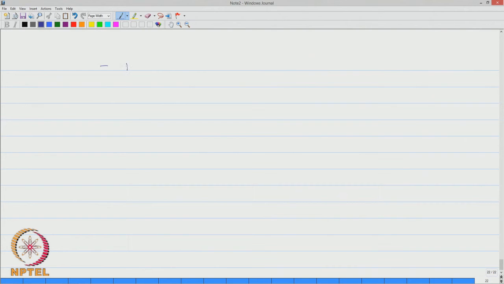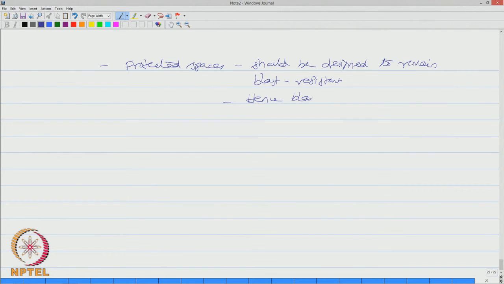So, protected spaces should be designed to remain blast resistant. Hence, blast loads should be quantified.